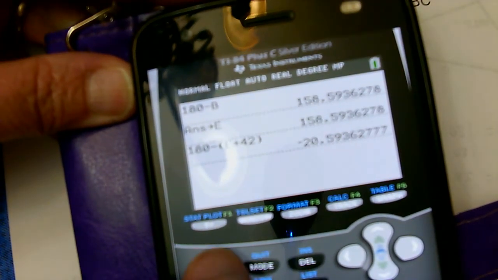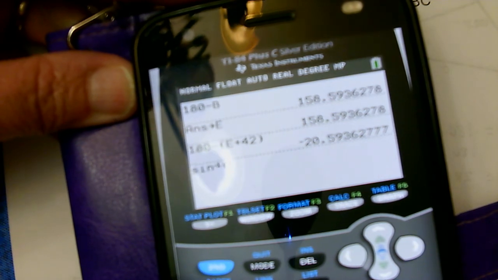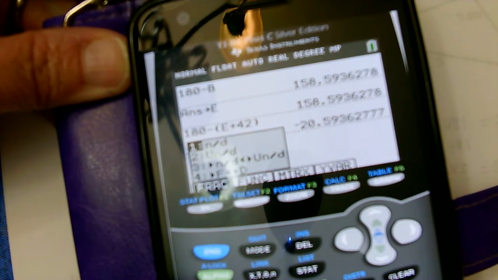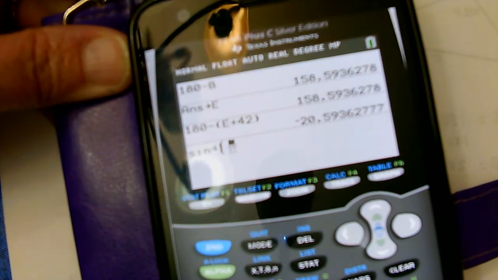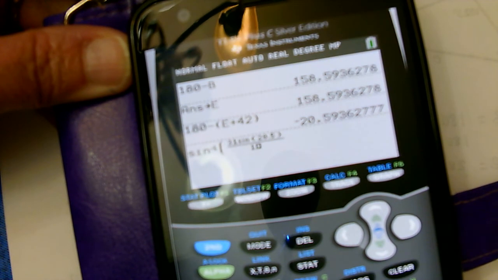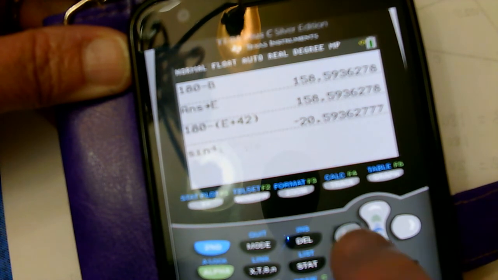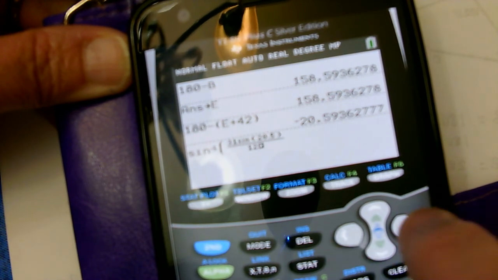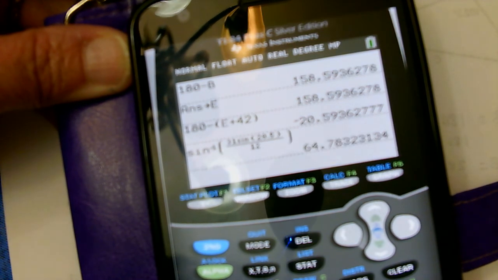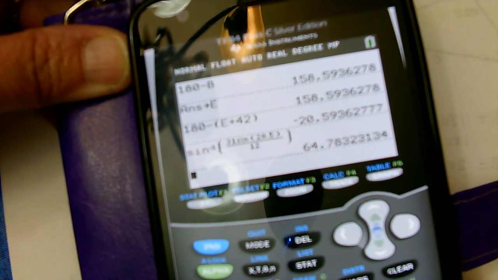So, arc sine of the fraction 31 sine of 20.5 over 12, and I get angle B is 64.783.